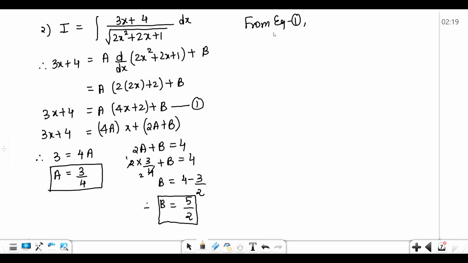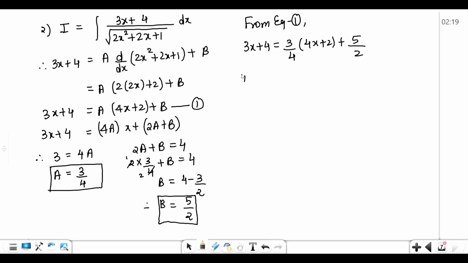So 3x plus 4 now can be written as 3 upon 4 times (4x plus 2) plus 5 upon 2. I'll write it again. Okay, that's it. Now we'll just integrate this part.